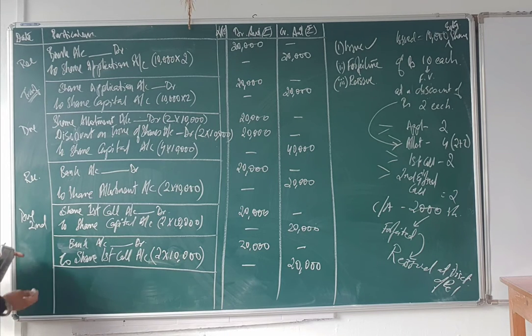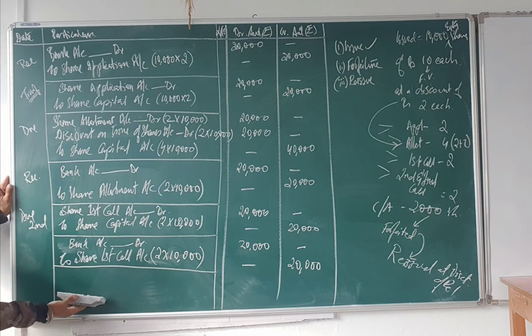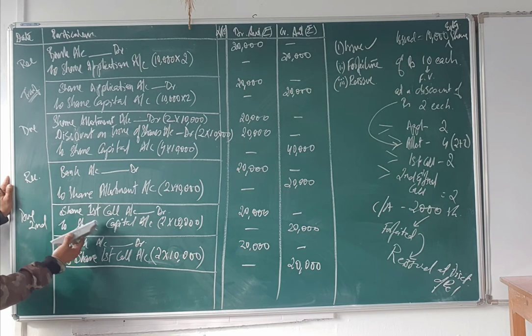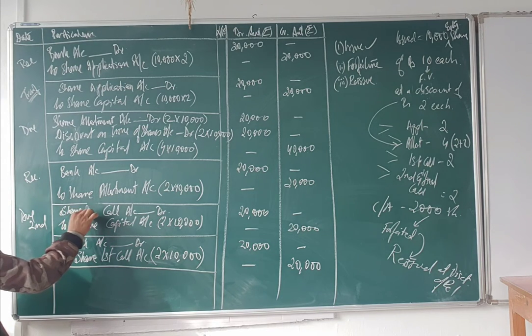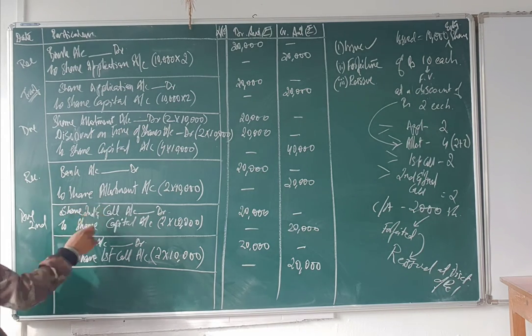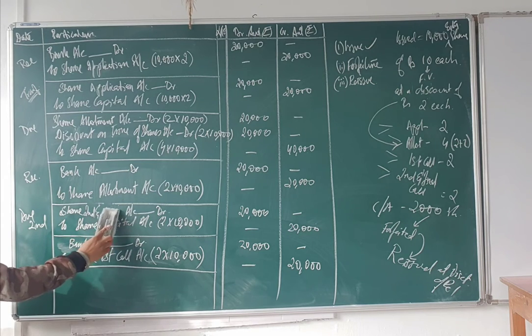I'm just showing you how it is similar, how you can make the entry. So kindly don't run, okay, you will write down here. First entry you will write here, due entry, and it will be similar to this entry. Only change is in place of first call, you write second and final call.